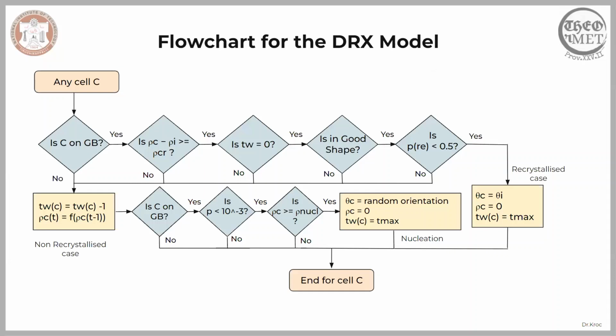So now moving on to how the model actually processes things. For every cell C, you will see several criteria that have to be met.